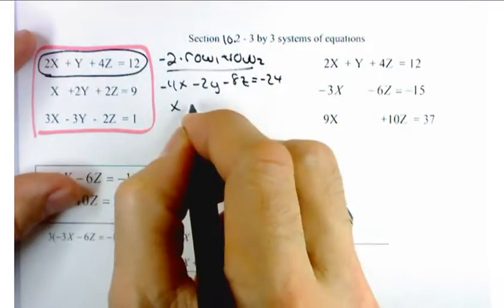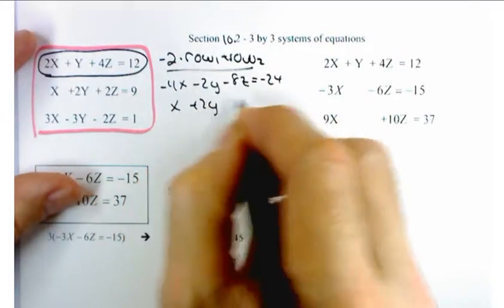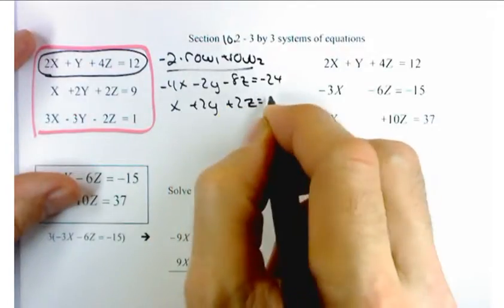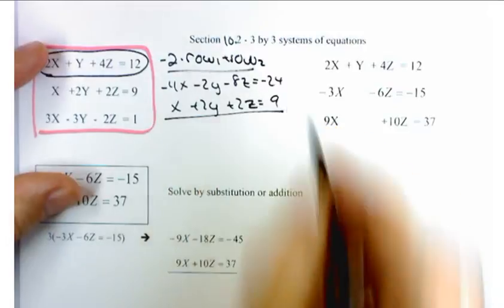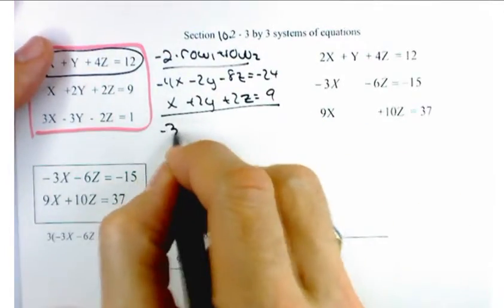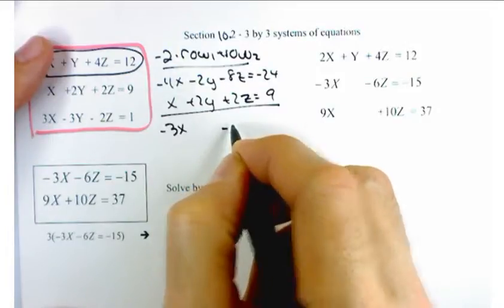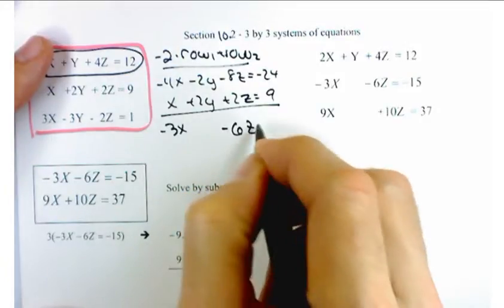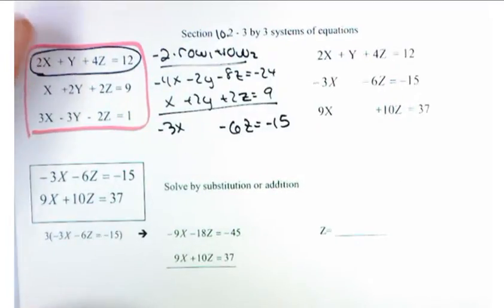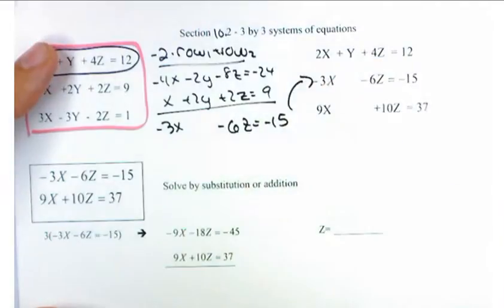And I'll add that to x plus 2y plus 2z equals 9. And when I add those two together, I get negative 3x minus 6z equals negative 15. And that's exactly what I have right there.